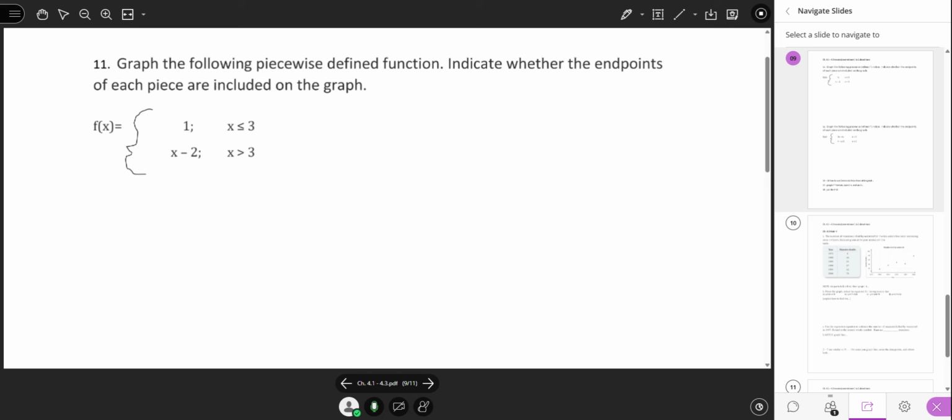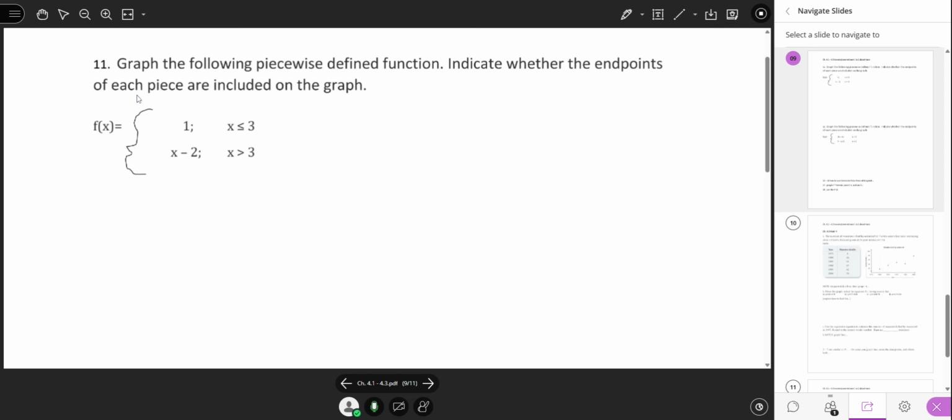Okay? Now, here. This is an issue. Okay? Graph the following piecewise defined function.